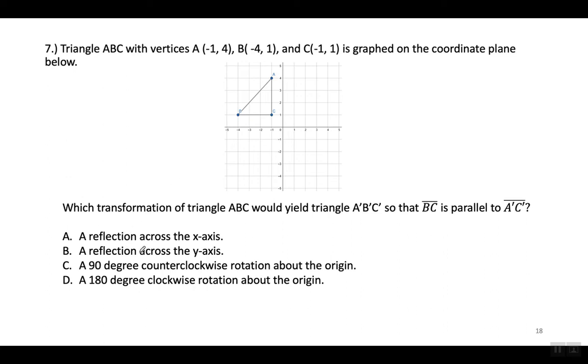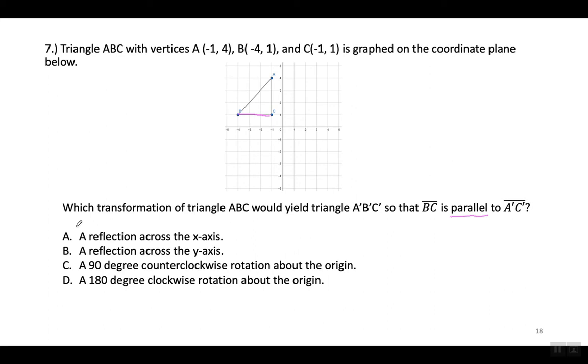So which one of these transformations, when I do it, is going to give me a result that segment BC, which is this one right here, is going to be parallel to segment A prime, C prime. In the new triangle, segment A prime, C prime will be parallel to this segment right here. Which one of these transformations? Okay, so let's look at them one at a time.